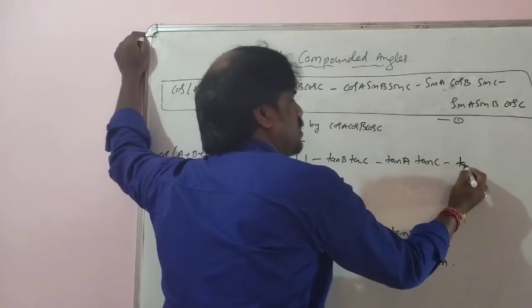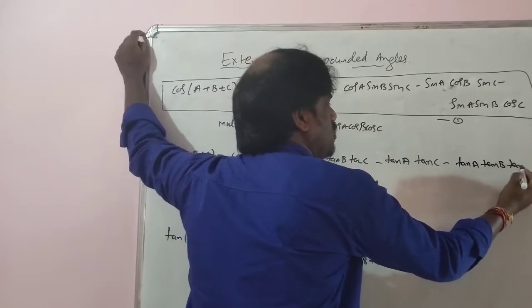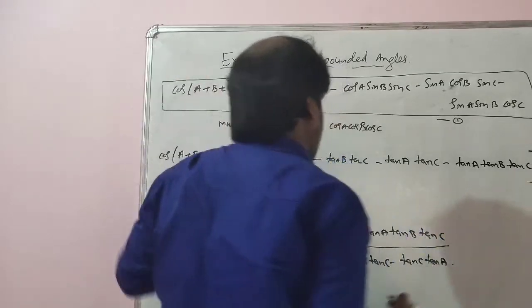Then I get tan A tan B tan C. This is the formula I am going to get.